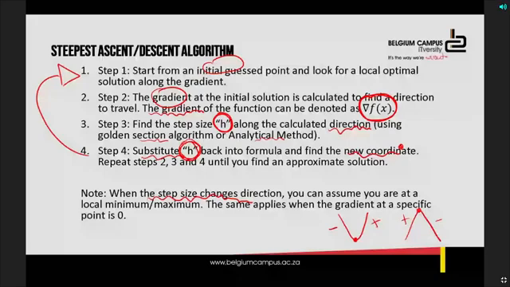Then the same applies: if your gradient is going to be 0 at a point, you know you met an extreme point. Technically, you'll still continue searching to make sure it's not a saddle point, but in our scope, we'll stop and say we found a max or a min and we're done. So take this note to heart.